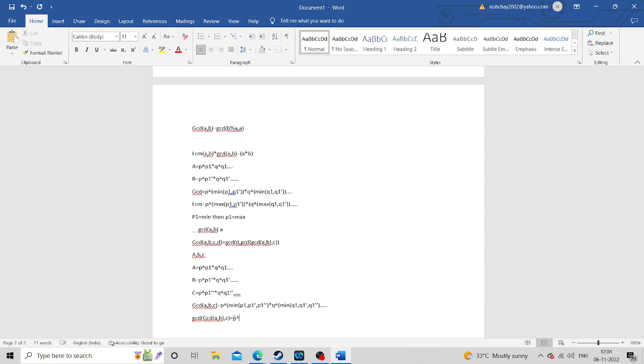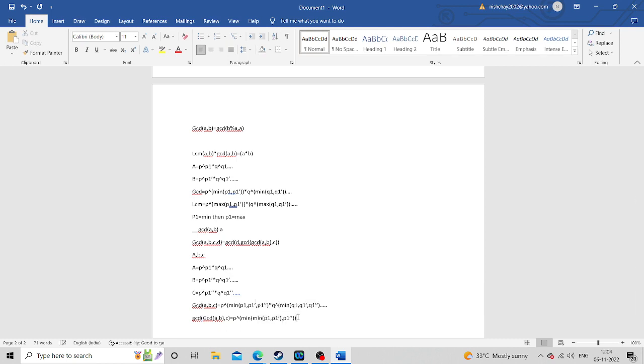P to the power minimum of minimum of P1 comma P1 dash, comma P1 double dash. Right or wrong? So minimum of P1 comma P1 dash is what we get from GCD of A comma B, and then we again take its minimum with P1 double dash. Right or wrong? Yes or no?